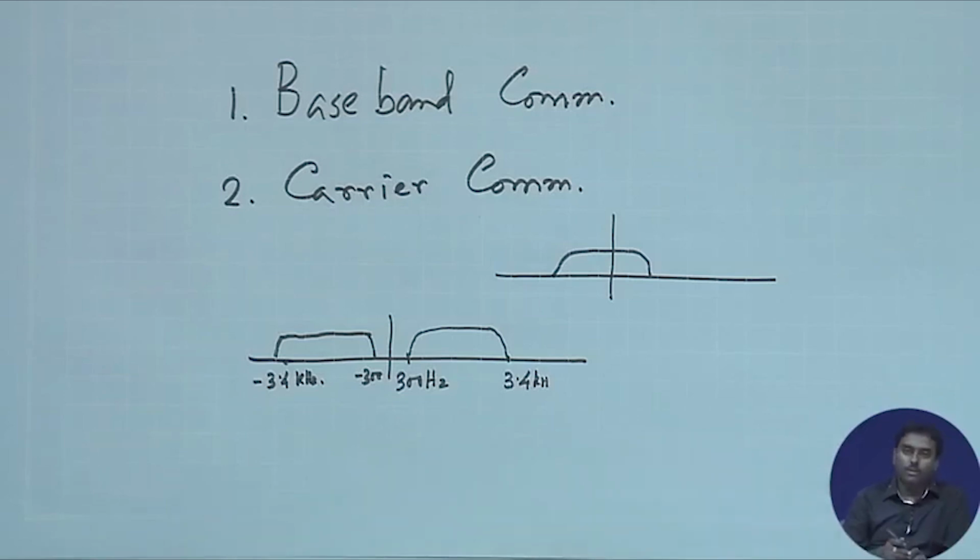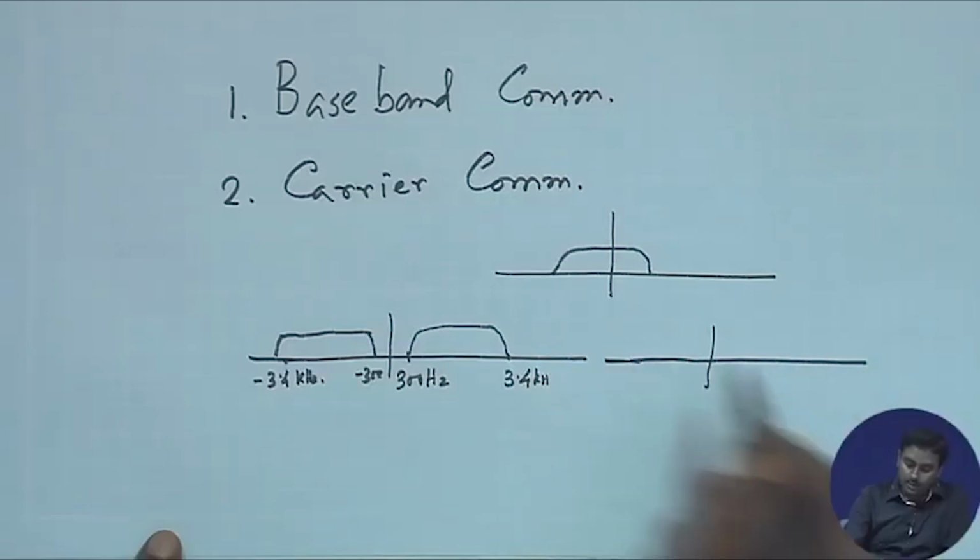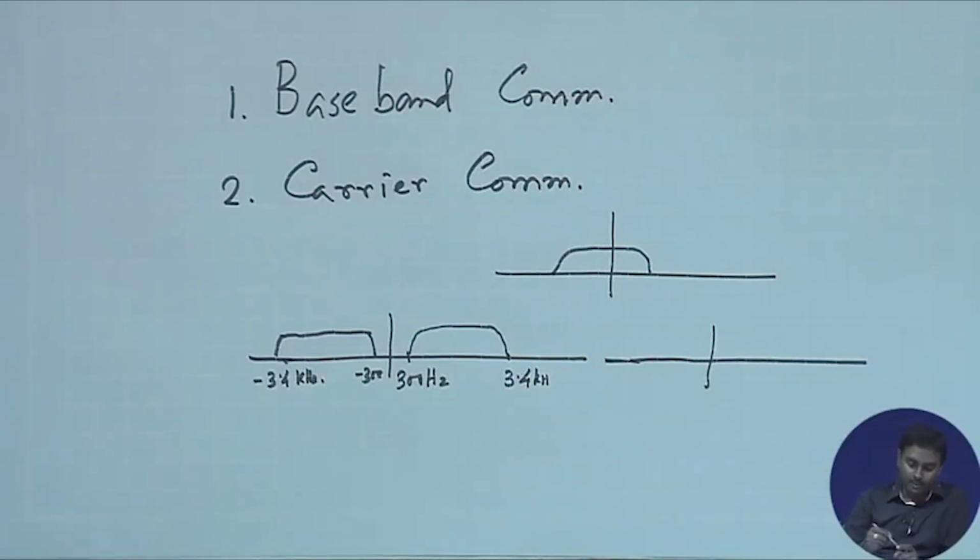So this is what a typical voice signal looks like. The two most popular signals were probably the voice signal, popularized by radio transmission, and the video signal. The video signal has a higher band, and there should be a video transducer which converts the video signal into an equivalent electrical signal.